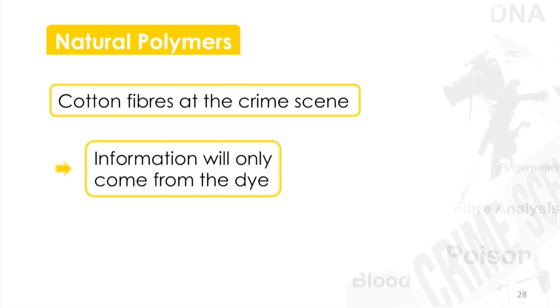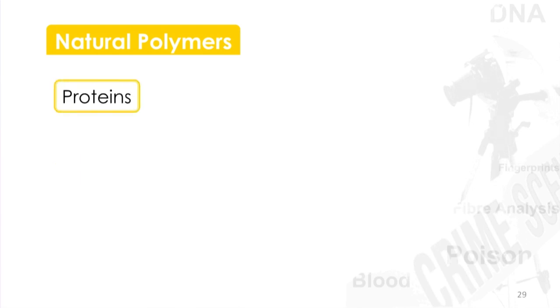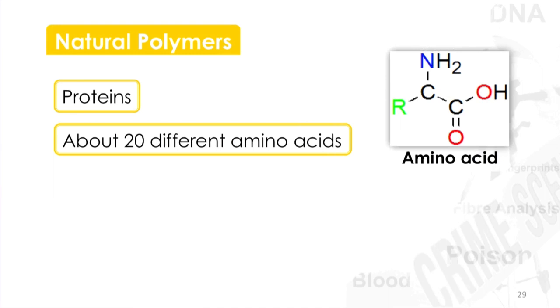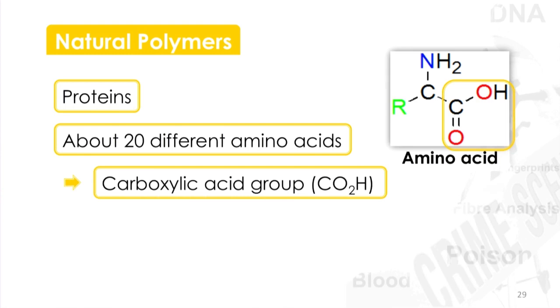Another important class of natural polymers, more important than polymers of glucose, are the proteins. Now, there are about 20 amino acids which are essential for life. And the amino acid molecules all contain what we call a carboxylic acid group, CO2H.